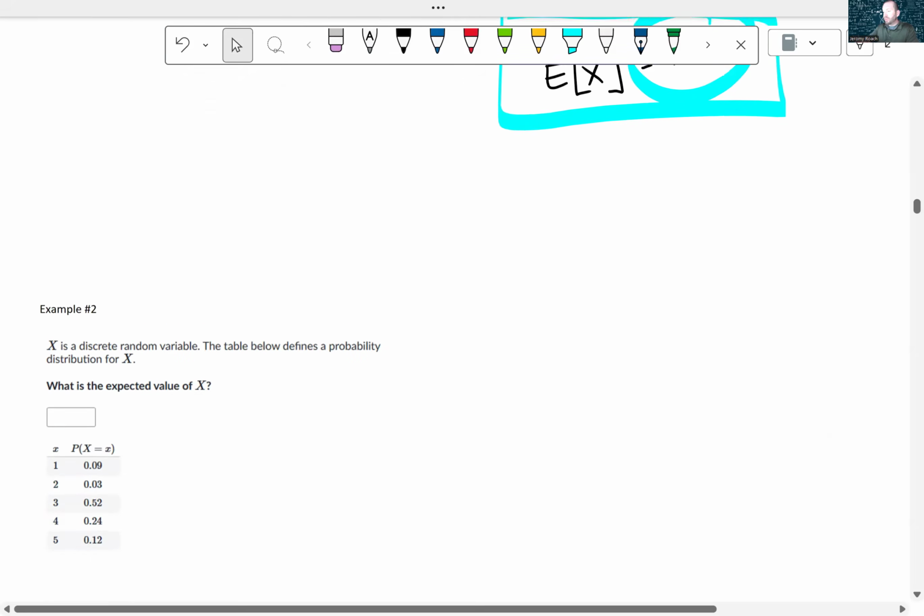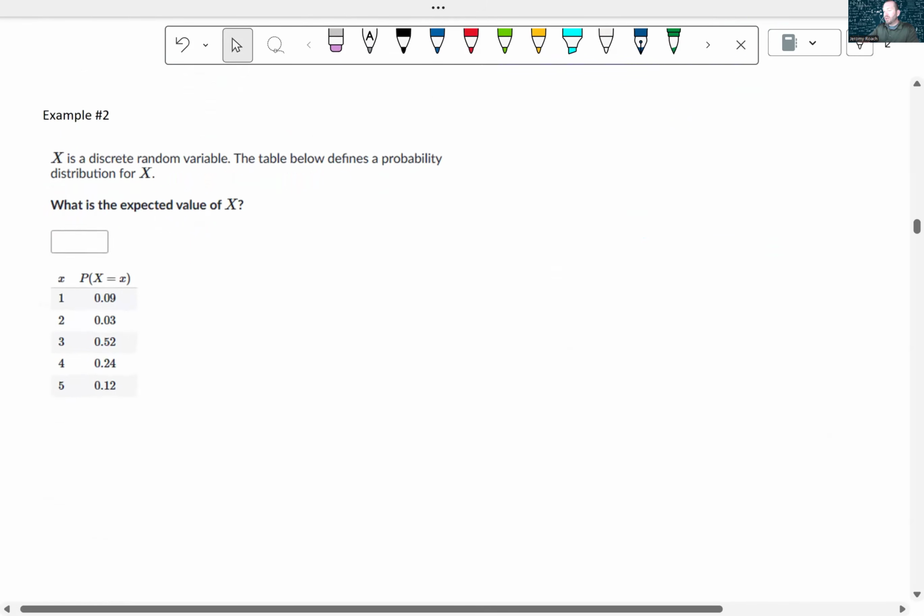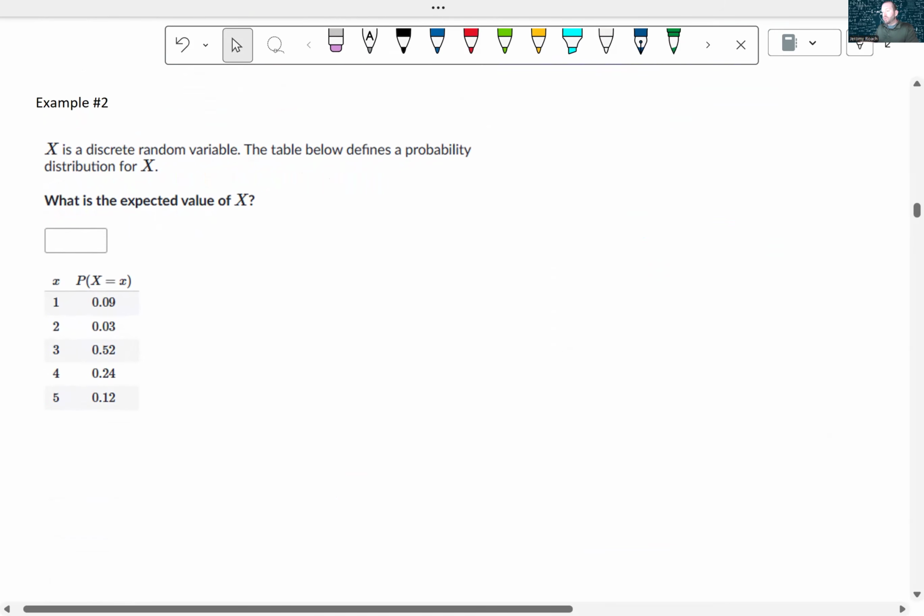I'm going to use this next example to say we're rolling a five-sided die. Most of the time when you roll a die, there are six sides, but we're going to pretend we have an irregular looking five-sided die, and that die gives us the probabilities of it landing on each number.